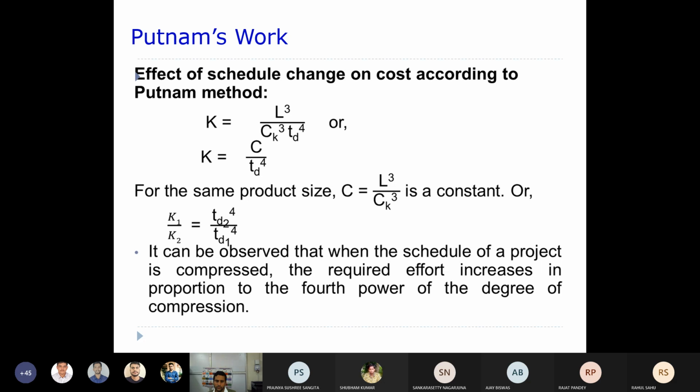Now T2 will be halved. That means instead of T, it will be T by 2. Now you substitute. You can understand now. So by substituting this T, how many times will it increase?